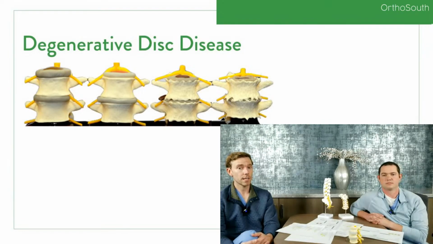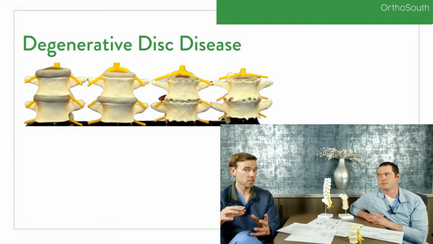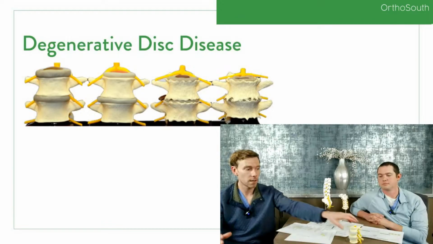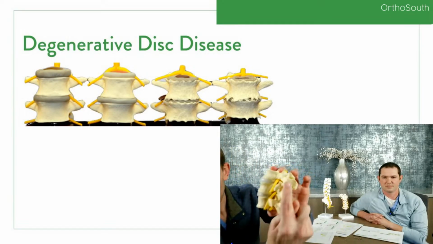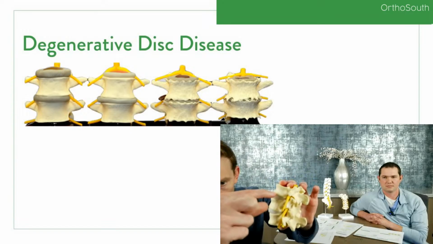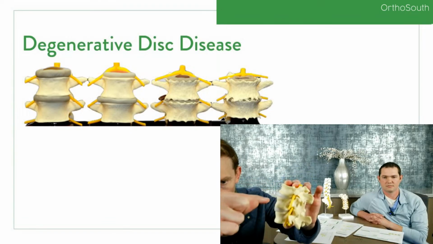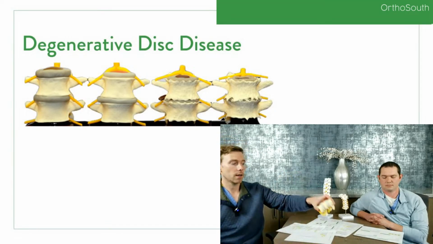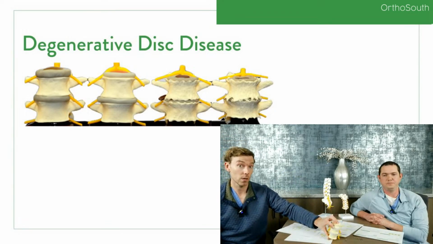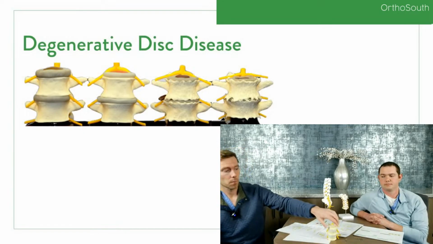If your disc starts out this tall and then shrinks down and down, the little openings where the nerves come out can start to get pinched off. These discs prop the bones open and keep the holes for the nerves open. So if the discs get a lot smaller, the nerve openings get smaller, and the nerve can get pinched because of that as well.